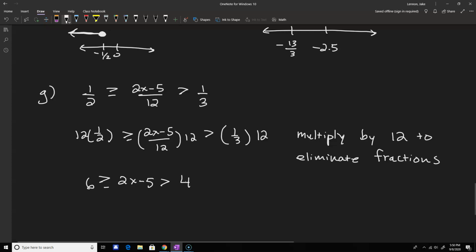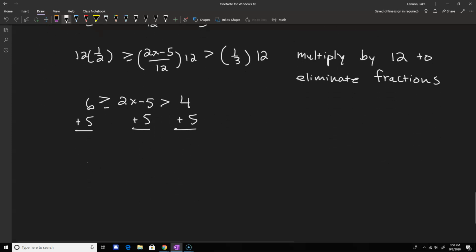And then we can solve in the same way. Before, we want to add 5 to all 3 parts. So we end up with 11 being greater than or equal to the 2x, which is greater than the 9, and then we divide everybody by 2.